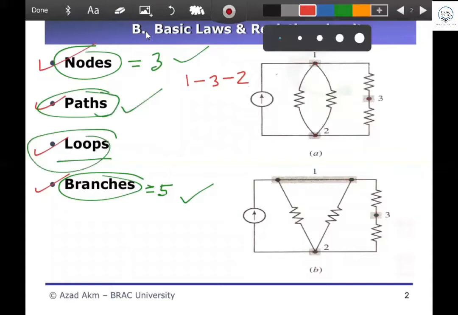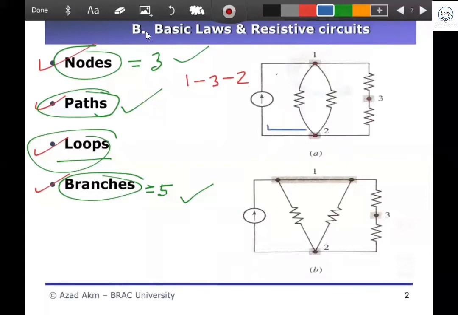If you start from one node, let's say node 2, go through the other nodes 1 and 3, and come back to the same node without repeating any node, that means the first node and last node should be the same, and there is no repetition in between. Then it is called a loop. You get the point?